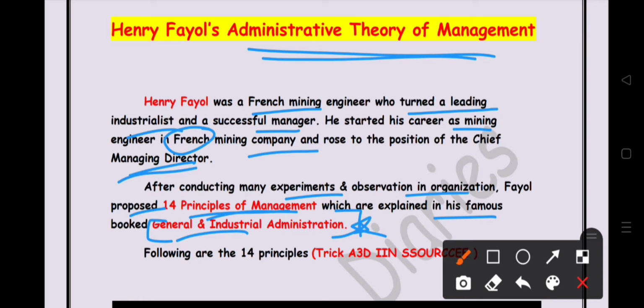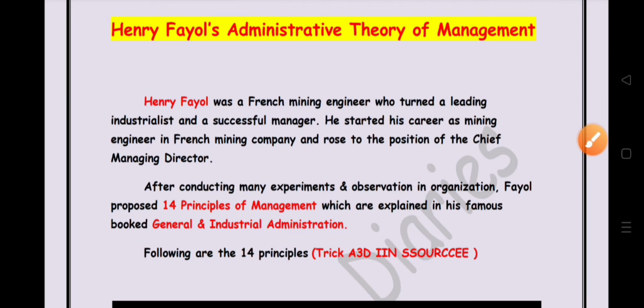One side they will give the author name like Henry Fayol, and the other side they will give the Administrative Theory of Management. So first remember who Henry Fayol was, the theory which he has given, that is the Administrative Theory of Management, then the 14 principles of management, and this important key term, General and Industrial Administration, that is his book name. Okay, now let's move further.